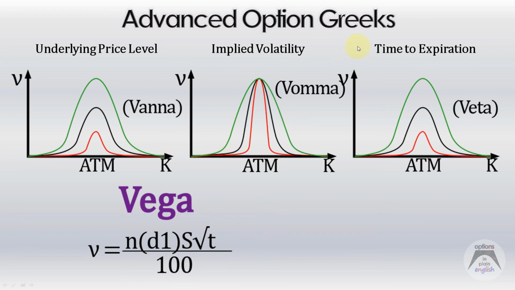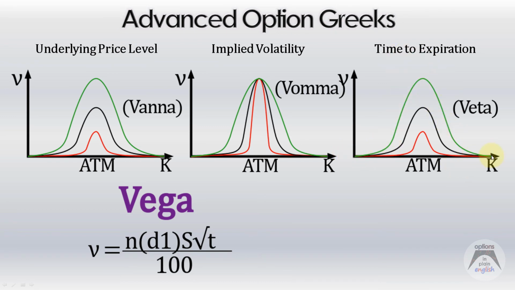And finally, with time to expiration, when you have a long time to expiration, you have a lot of Vega, and it starts going down as time decreases and you approach expiration, such that when there's barely any time to expiration left, you have very little Vega. And this is very easy to understand, something similar to the price. More time to expiration, higher Vega.